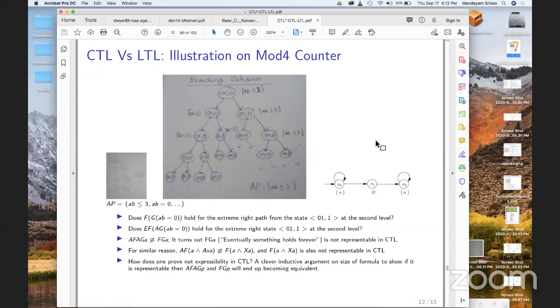By the way, all the material that I'm using here is from the supplementary book, the Katoen book. As I said, Clarke and Grumberg's book does not have very many examples. Katoen's has tons of examples, and he goes into details a lot.